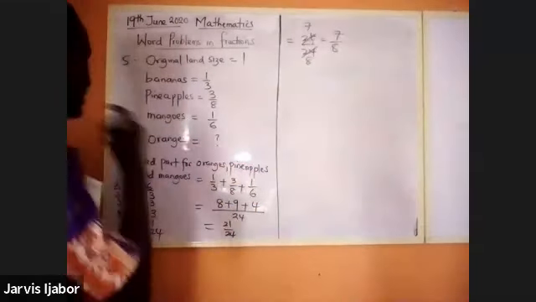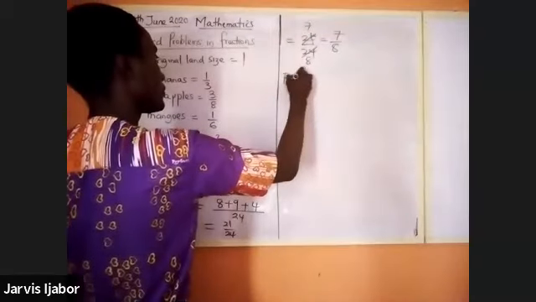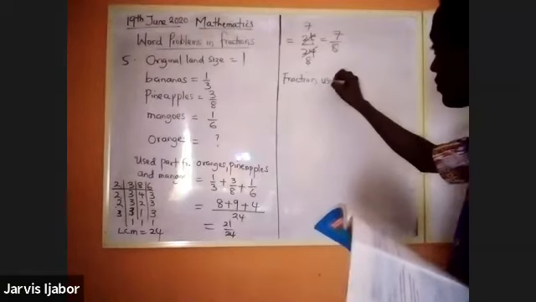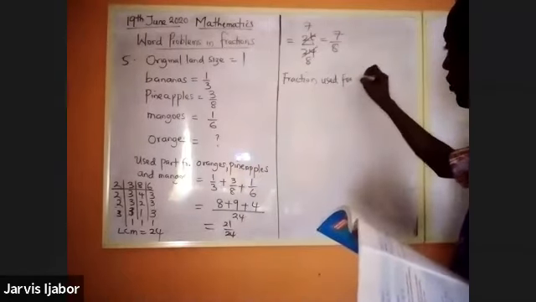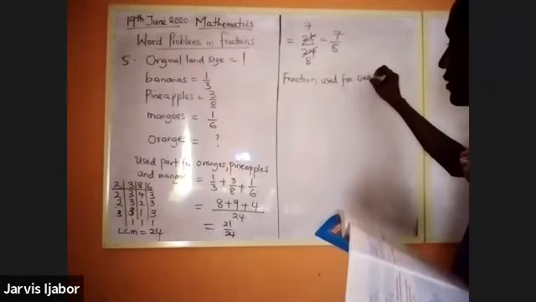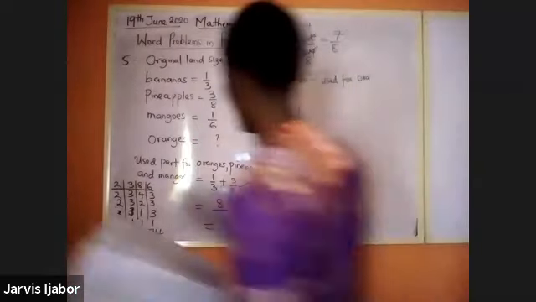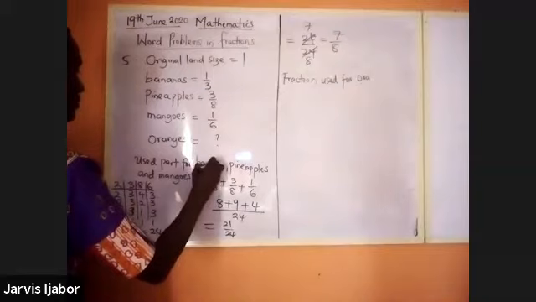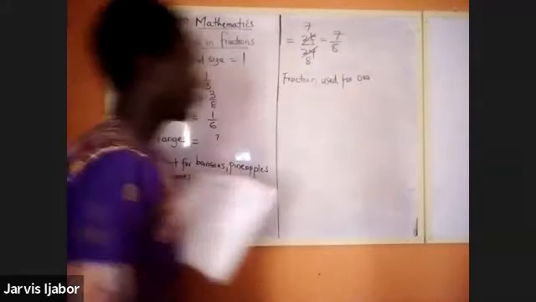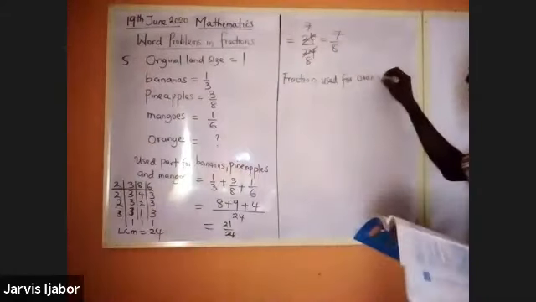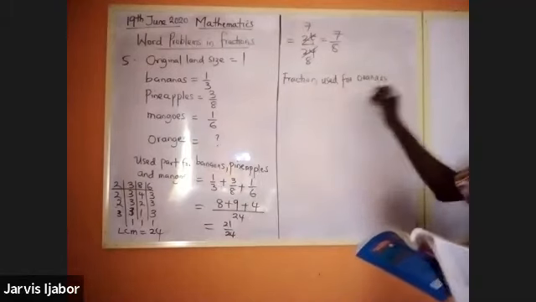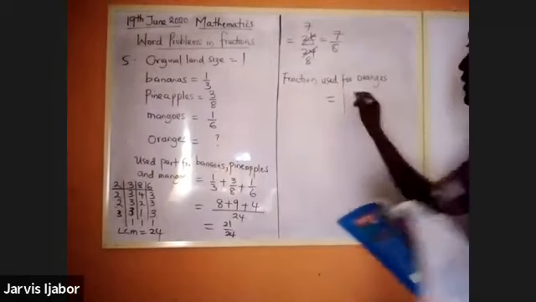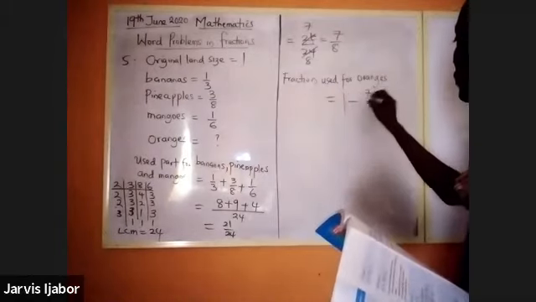So it means that fraction used for bananas. Oh, sorry. This should be banana. Please correct that. This should be bananas. Fraction used for oranges will be equal to 1, which is the original size of the land, minus 7 over 8.